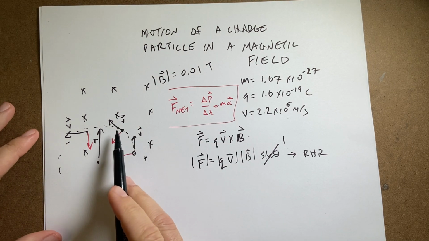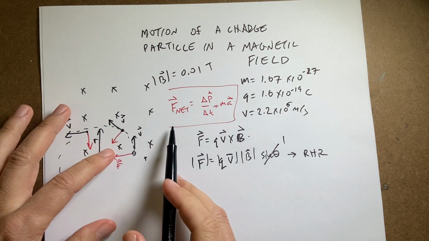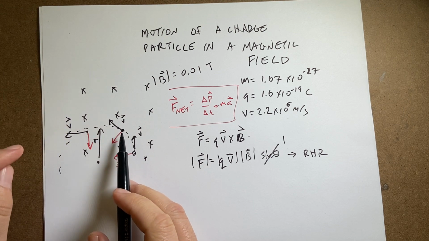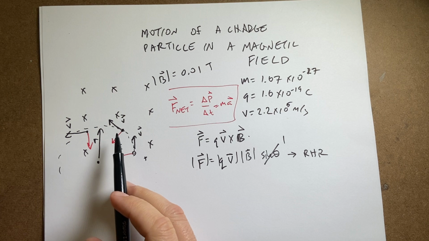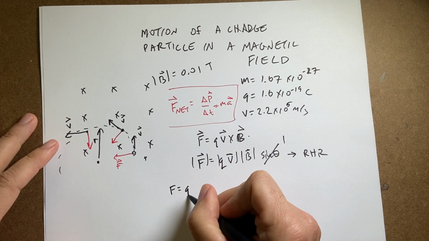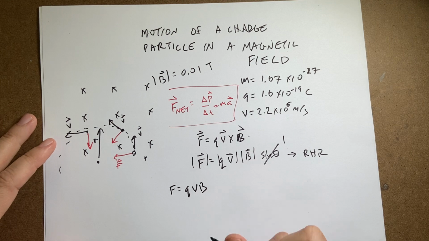The magnitude of the magnetic force is constant, since the force is perpendicular to the velocity, so it doesn't change the magnitude of the velocity. It only changes the direction. And the magnetic field doesn't change. So the magnitude of the force is just going to be qvB.